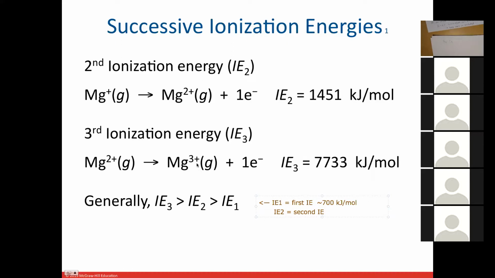Does magnesium 3+ exist in nature? What's the normal ion of magnesium? Mg2+. So look, there's a huge energy jump. It's 7,733 kilojoules. If we're going from 1,400 to 7,700, that's a five-fold jump.